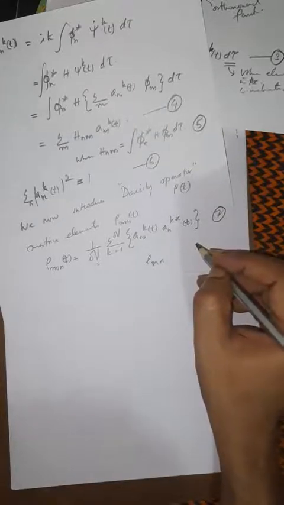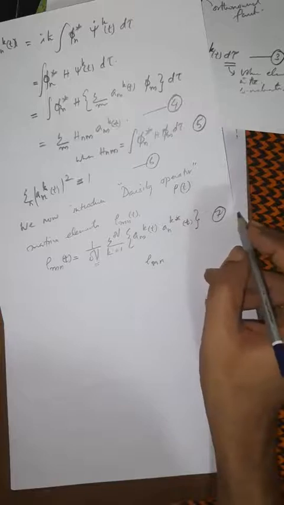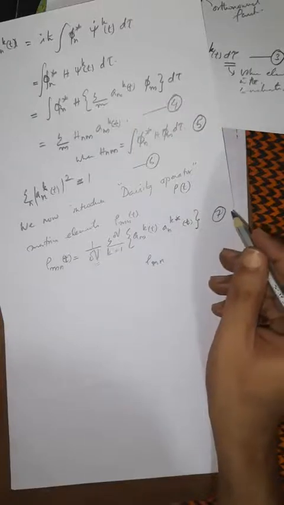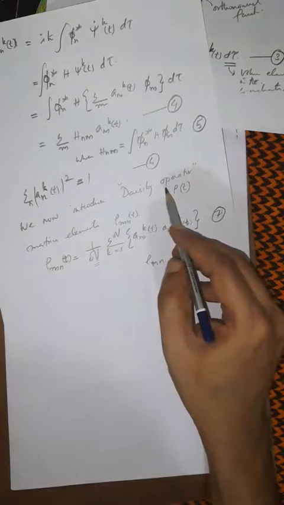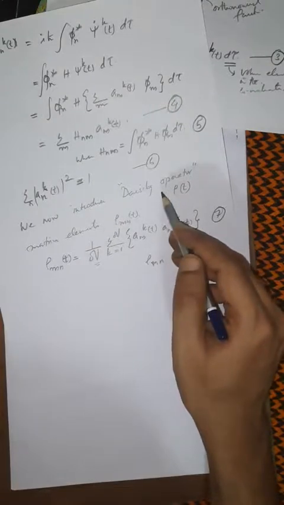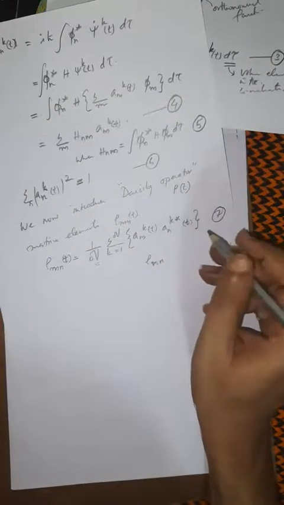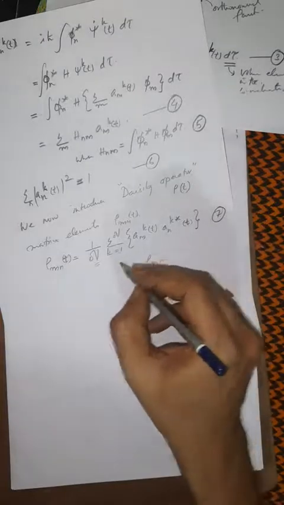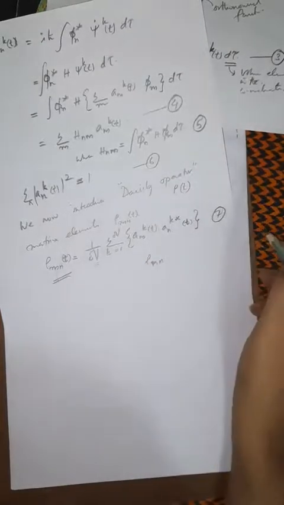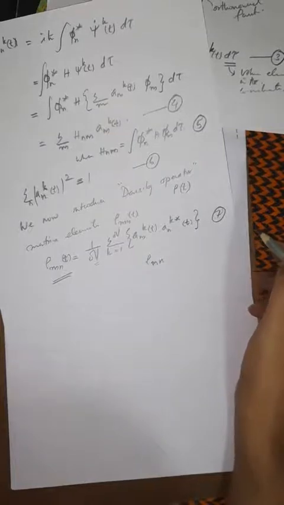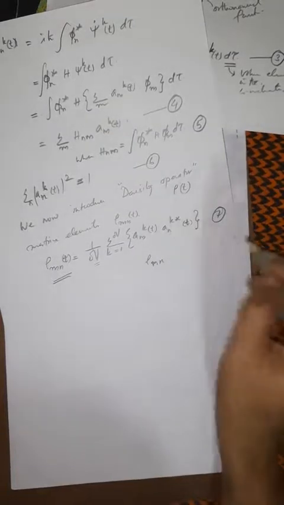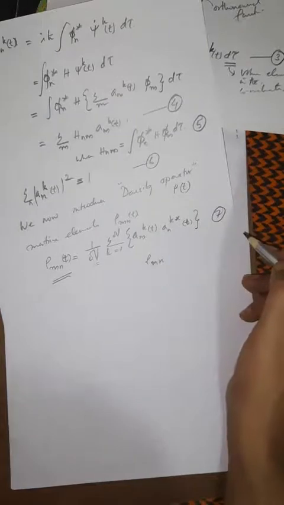So the diagonal element rho_nn(t) is the ensemble average of the probability A_n(t) squared. So that much about the discussion, and the carryover from this is that we have introduced something called a density operator, and we have defined its elements by the notation rho_mn(t), and this is how the matrix elements will look.